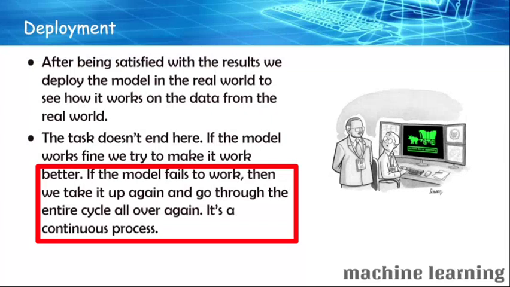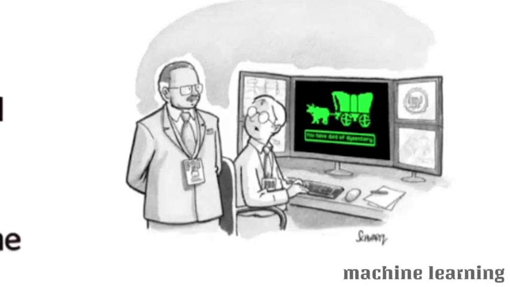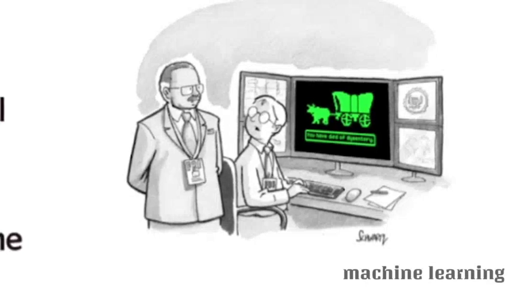It's a continuous process until we get it. Just like we train the model repeatedly, we'll be working repeatedly on different models if we are not getting at least satisfactory accuracy.